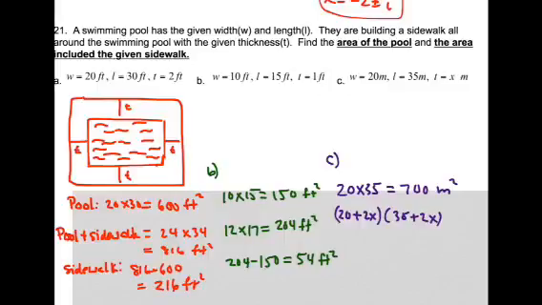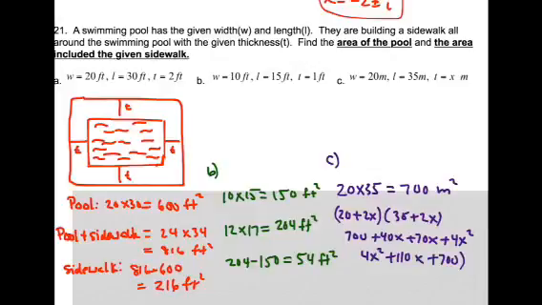So when you multiply this together, again, it's two binomials that you're multiplying together. So that's going to give you 700 plus 40x plus 70x plus 4x squared. So putting it in standard form, we would say 4x squared plus 110x plus 700.